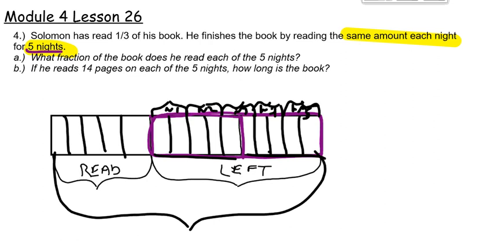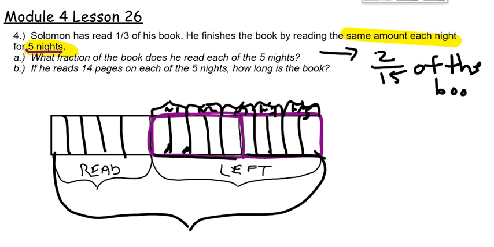Okay, so one of those nights would be 2 units out of the entire book, which is 15 total units. So what fraction does he read each night? 2/15 of the book. That's the answer to part A.